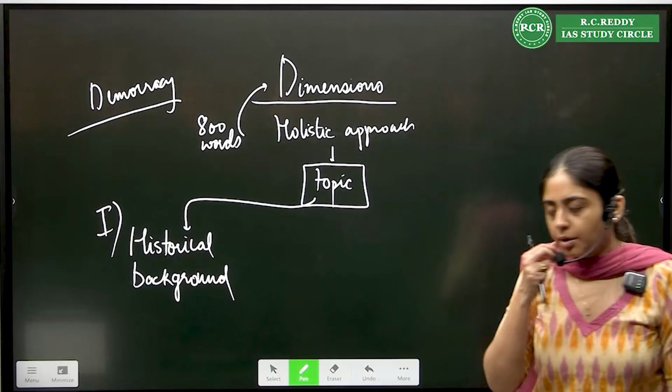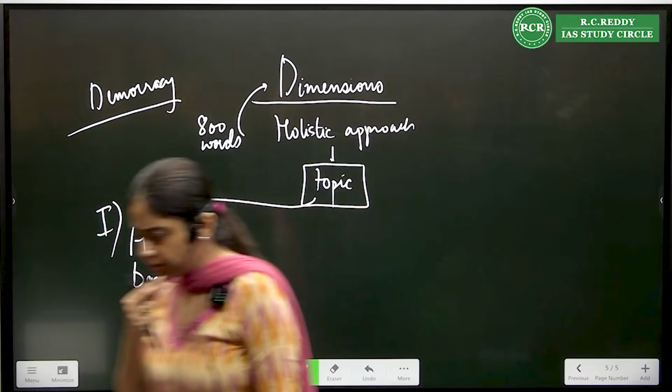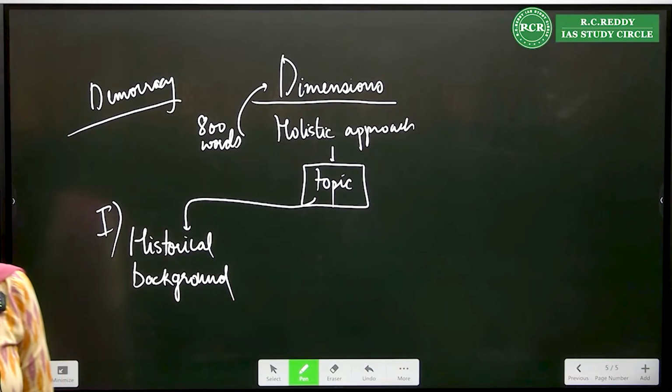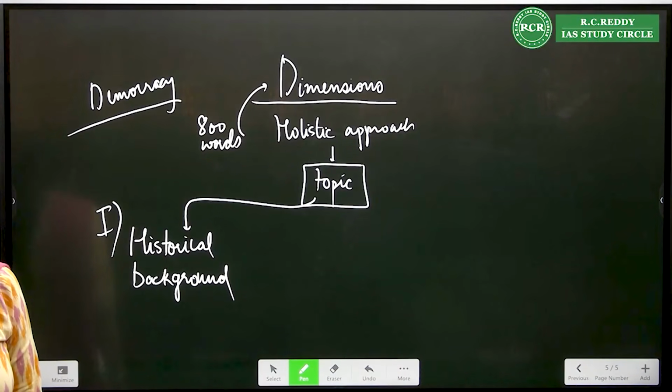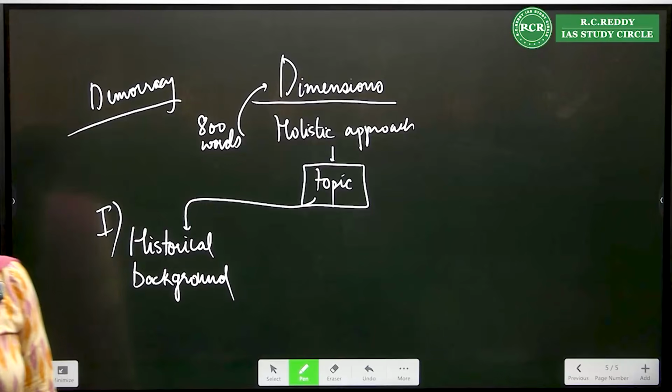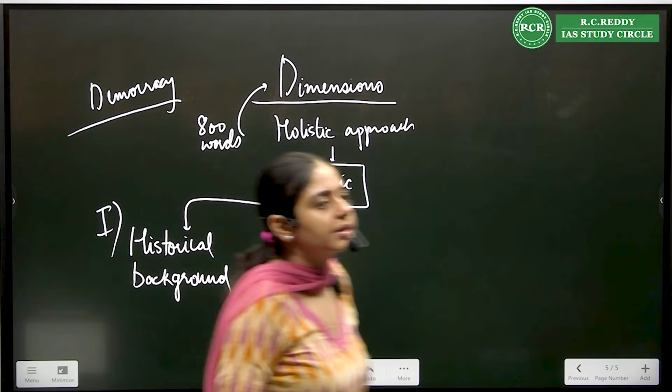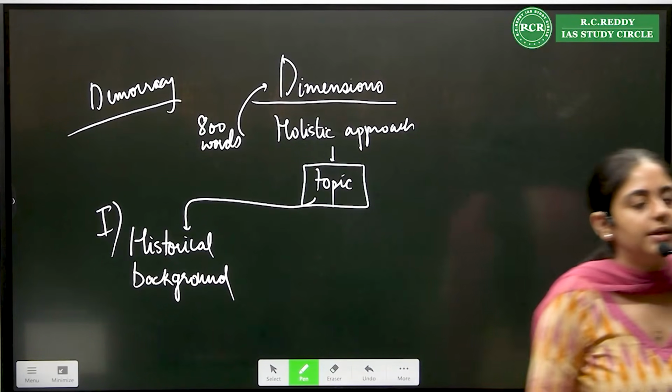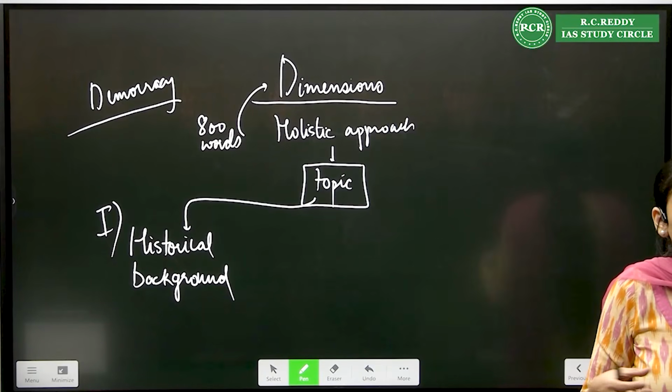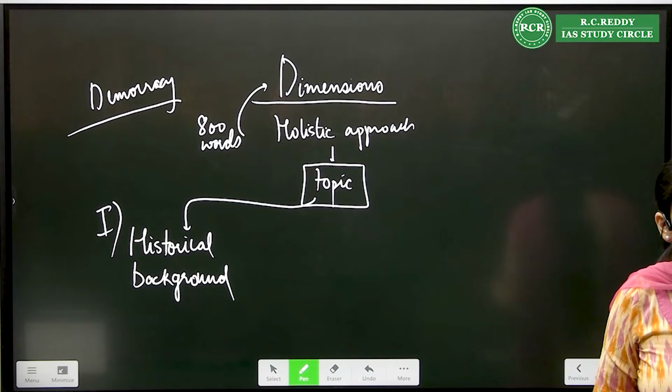For example, one topic was about the capital of Andhra or something. There also you can write a little bit about it, right? But again, everything will have a certain historical background that will become one dimension of your discussion in the essay.